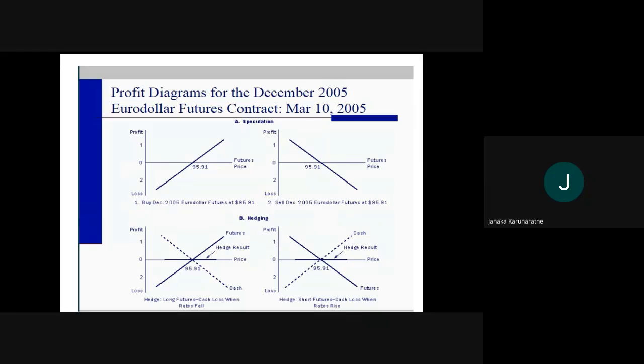Price will go up, isn't it? So the interest rate goes down means price will go up. Interest rate goes up means price will go down.